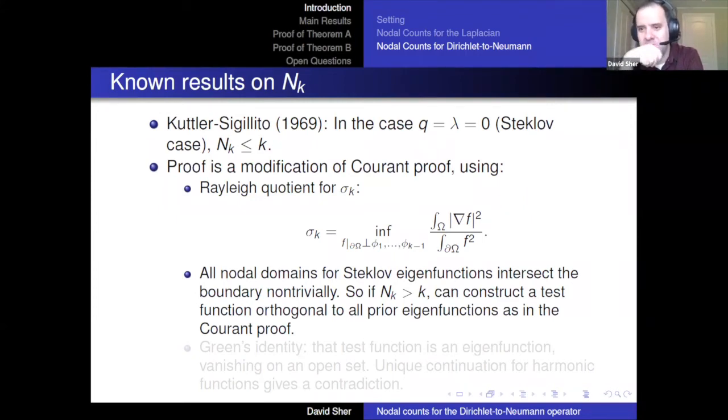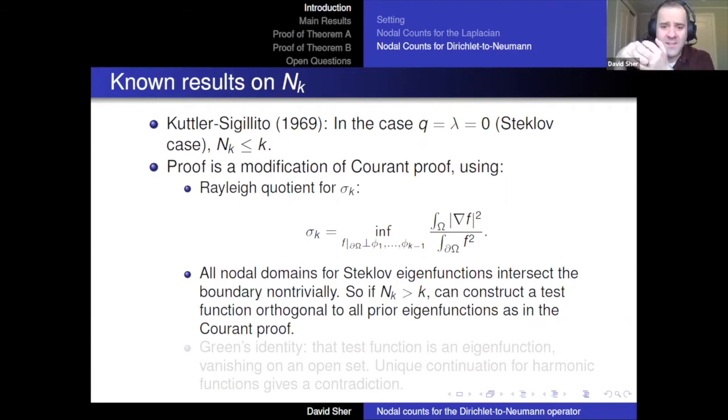So again, you're taking the infimum over all functions on the boundary that are perpendicular to the previous k-1 eigenfunctions. You minimize the Dirichlet energy divided by the L2 norm on the boundary squared.